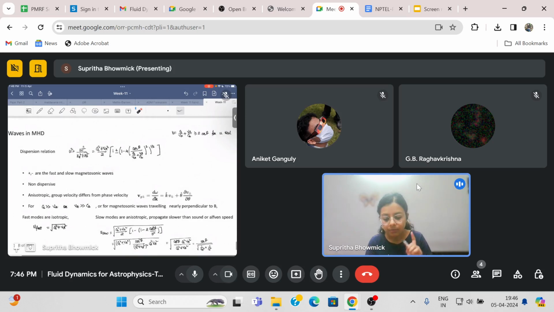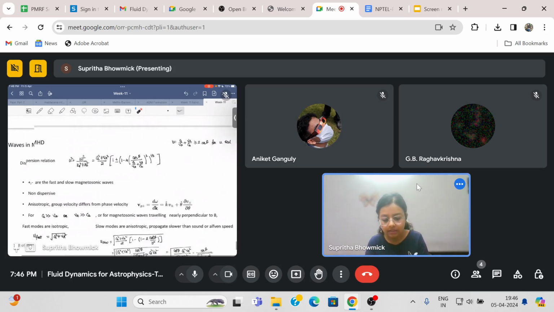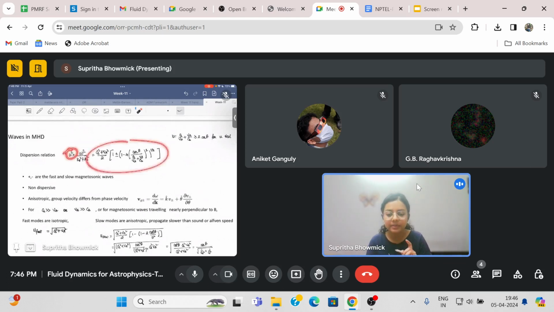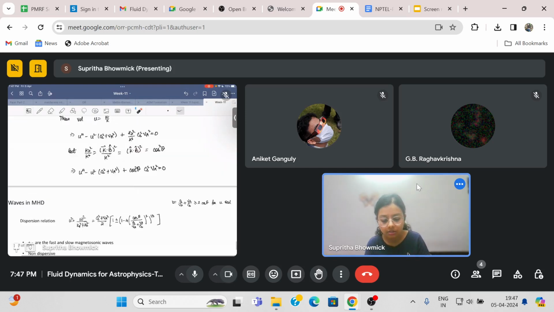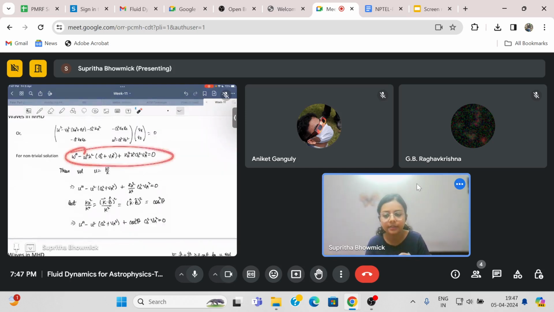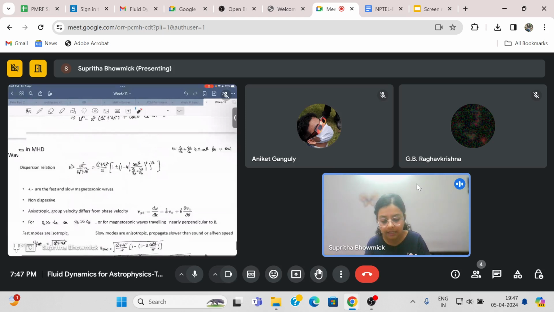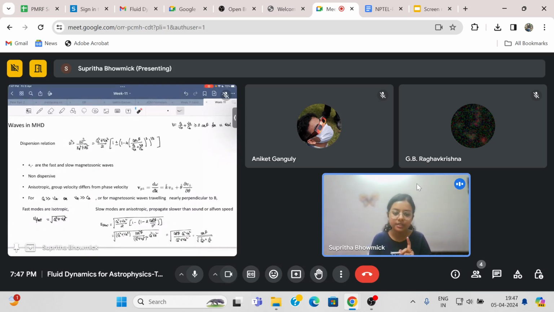Once again, in this dispersion relation, you will see that this u is independent of omega, so it's non-dispersive. But there's cos theta in u, there's cos theta in the relation of omega and k, which means that it is anisotropic.